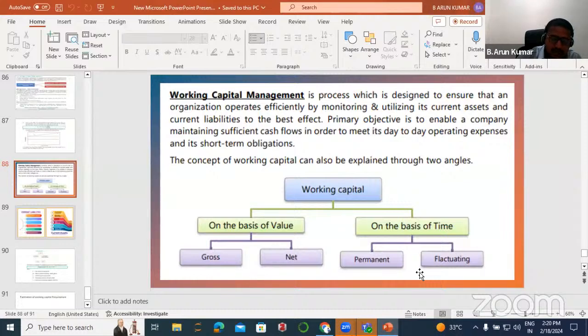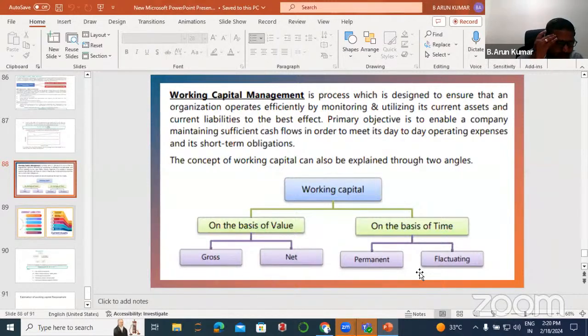Coming to block number 5, that is dividend decisions. Here we have two theories, Walter's model and Gordon's model. They will compulsorily ask the theories supporting the value of the share. How one equity share value is increasing or decreasing depends upon many factors.